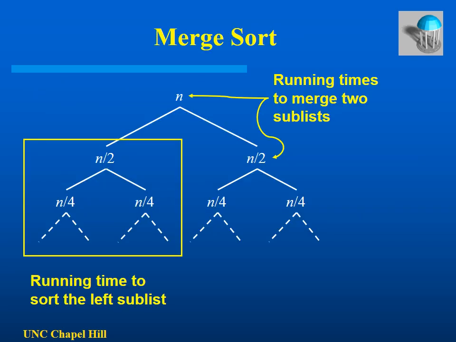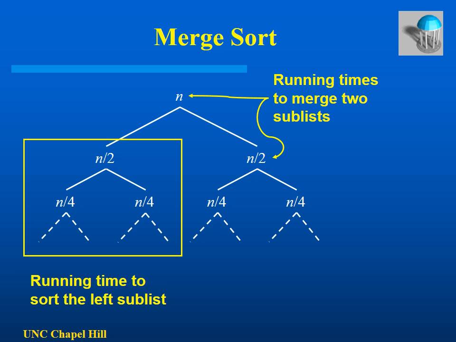So let's look at our merge sort. Our merge sort at level 1 takes n time to merge the 2 sublists, plus the application first to one sublist and then the other. That is to say, it's n plus t of n over 2 plus t of n over 2.